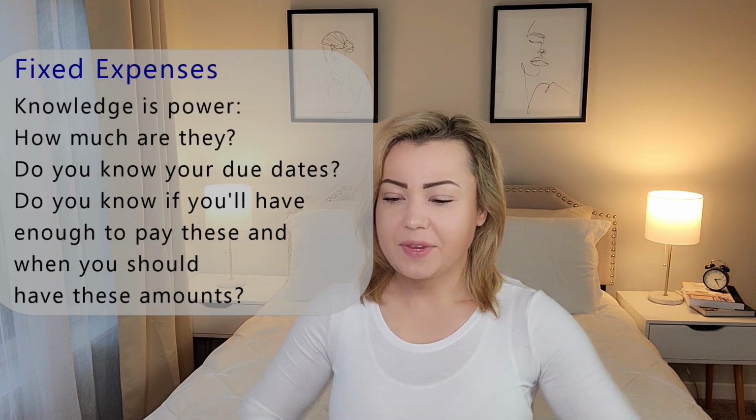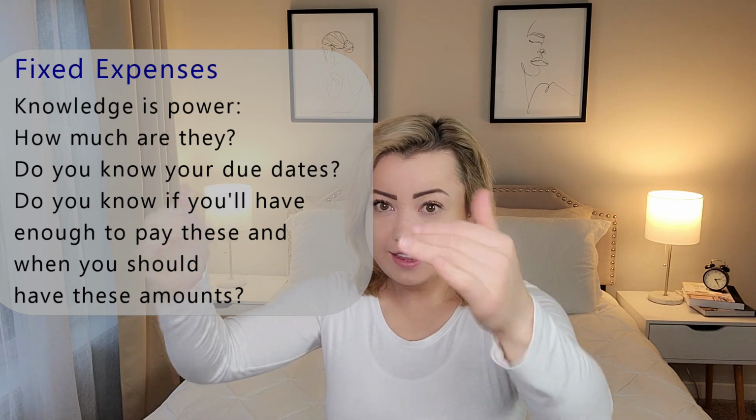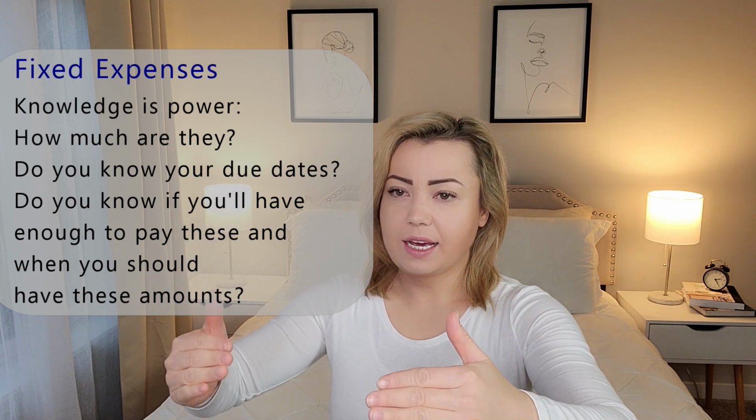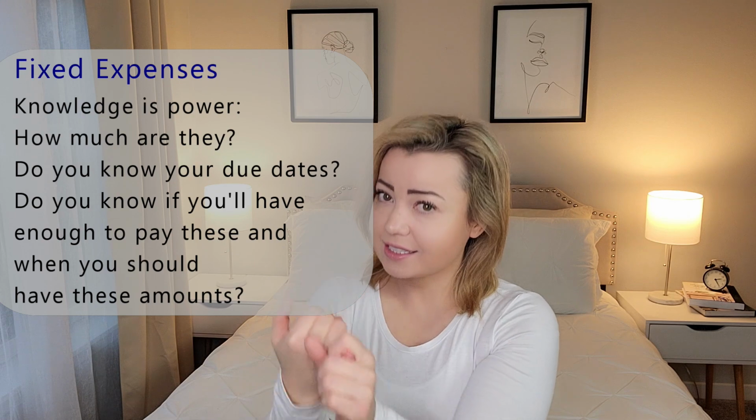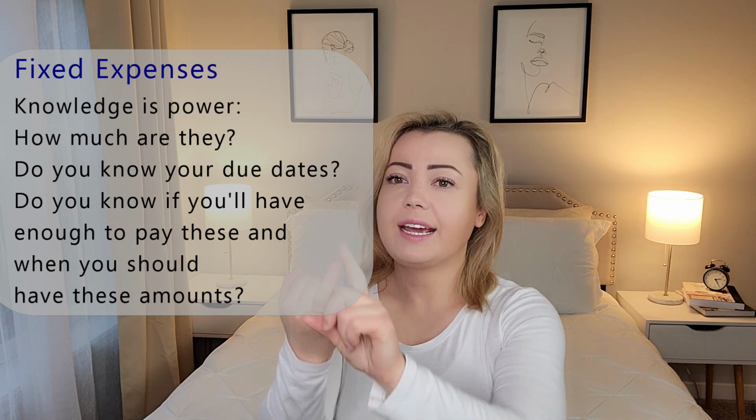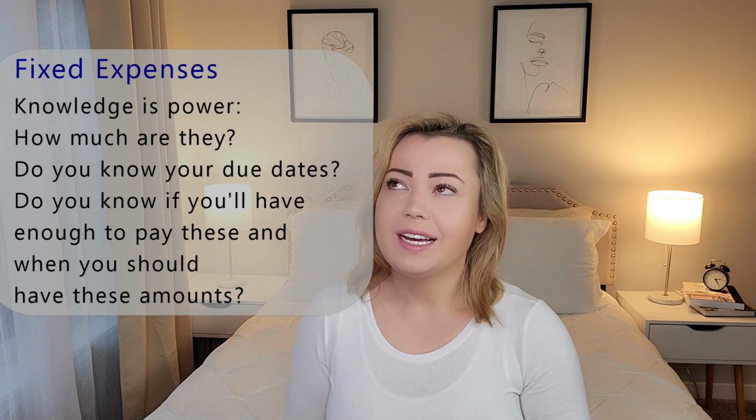The first one, the fixed expenditure category, I would say it's more of knowledge is power. Acknowledging the list of fixed expenses and just being aware of how much exactly it is that's taken out and when it is taken out.